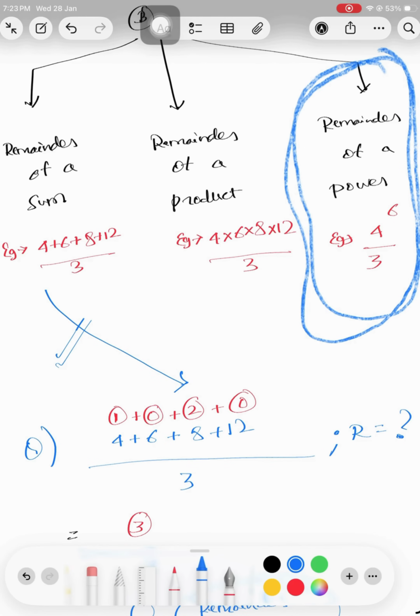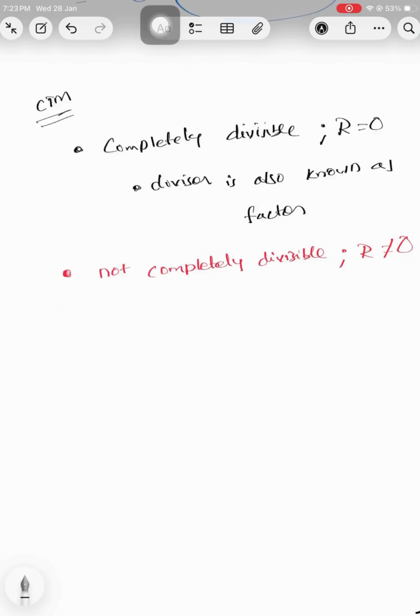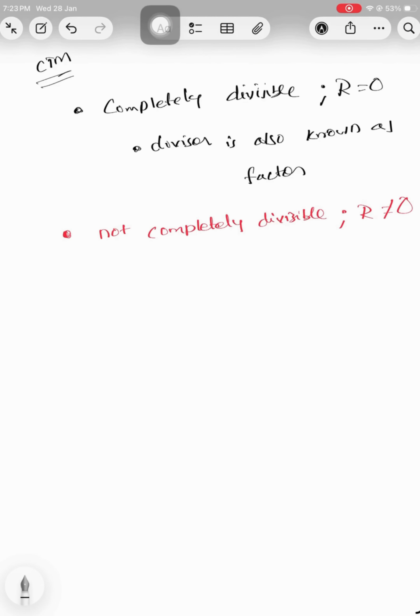One more thing relevant to our discussion: what happens if the power is a large number? Can we really solve such a problem statement when the power is really a large number by simple techniques, by the simple core method? Yes, we can.